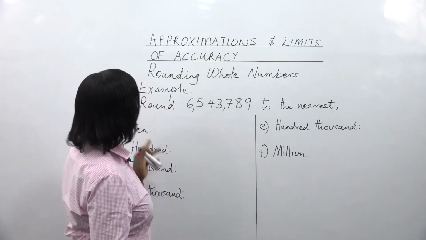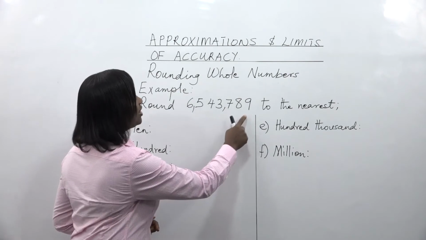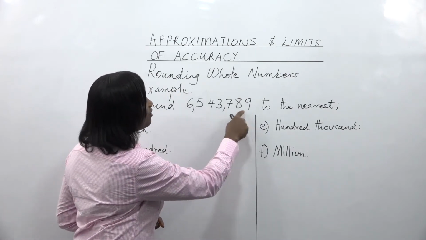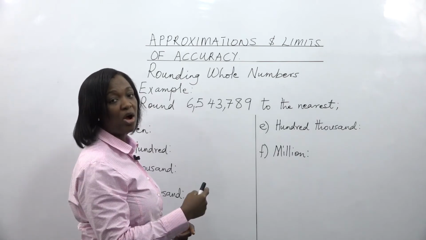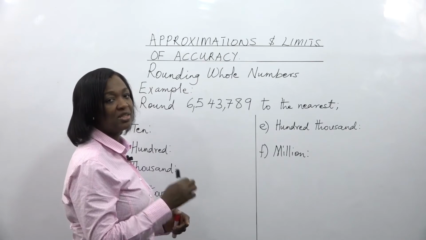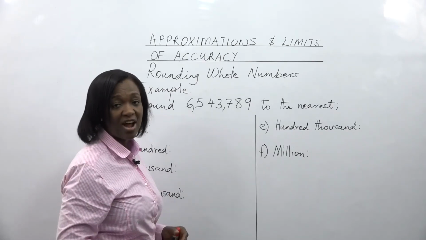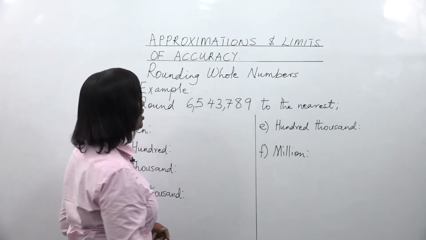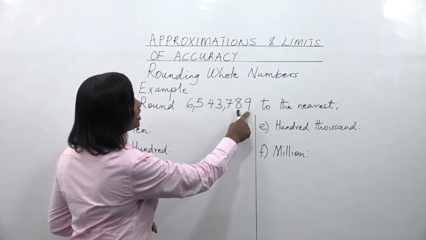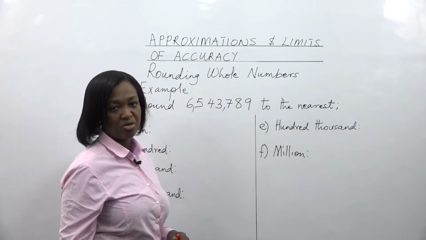To round a number to the nearest 10, you look at the unit column. If the unit number is 5 or more, you round up. You round up by adding 1 to the number in the tens column. If it's less than 5, you round down. You round down by leaving the number the way it is and rounding the unit number to 0.